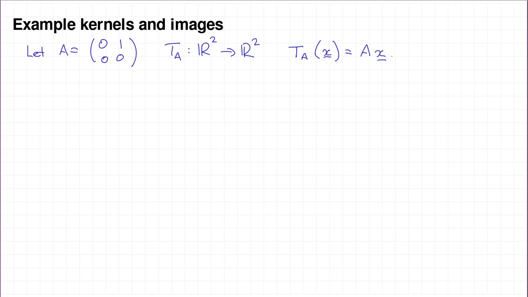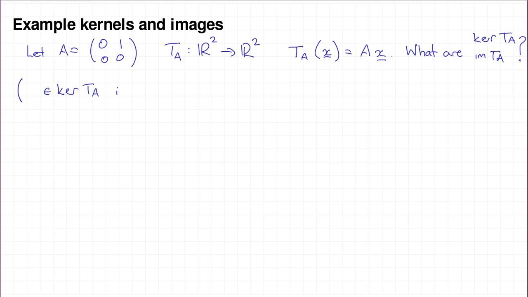So our question is, what are the kernel of TA and the image of TA. We'll do the kernel first. So a vector x is in the kernel of TA. Actually, let me write my vector a little bit more explicitly.